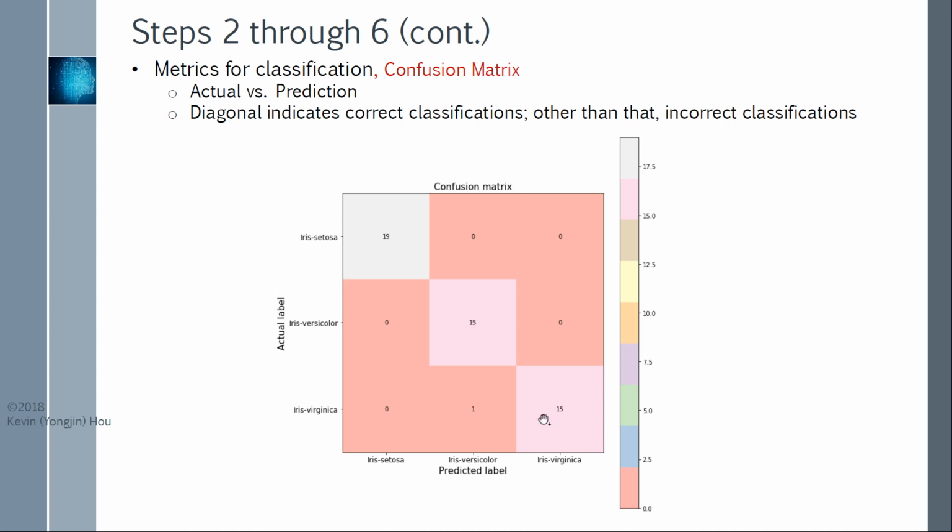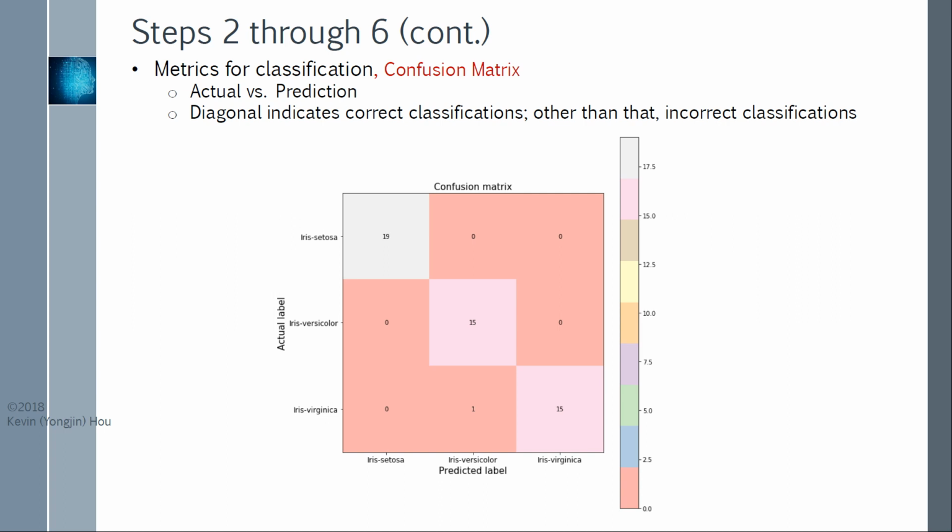And here we see that because we chose 33% out of 150 data points, we roughly get 50 observations in our test data set, and we get one misclassification. That's why we get 98% accuracy, because we're right 49 out of 50, which is 98% accuracy.